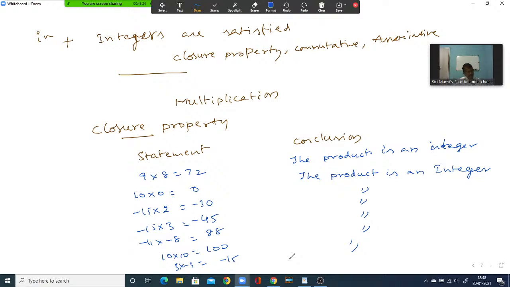So that's why here we keenly observe that fractions and decimals are not integers, as we all know. Therefore, integers follow the closure property under multiplication. So I'm going to write this.